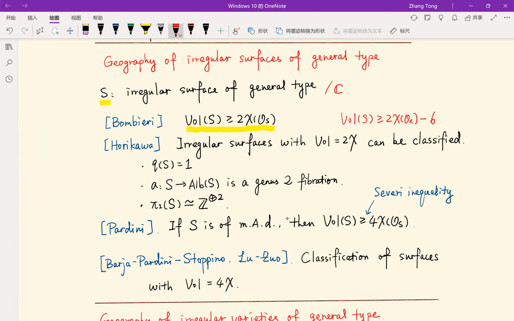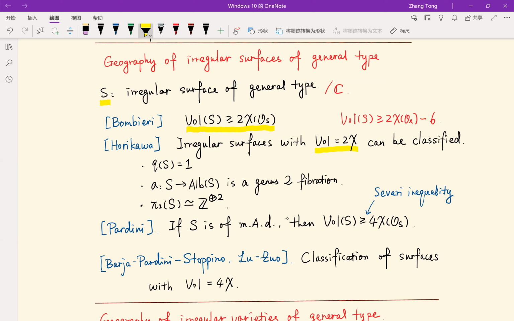Okay, and the next question is about understanding the extremal case. And it is again Horikawa who did this piece of work. And I think he classified the irregular surfaces with volume equal to twice the Euler characteristic.